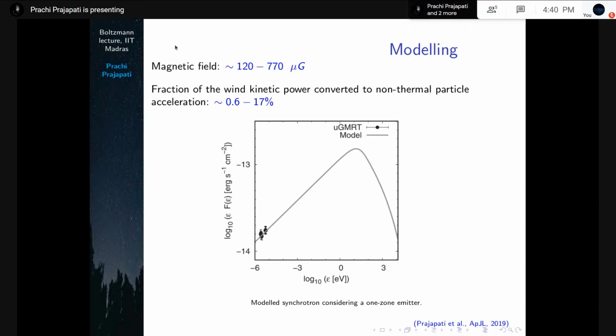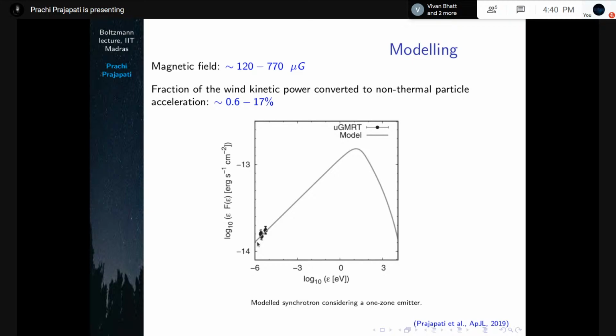The outputs of the model are the local magnetic field, which contributes to this particle acceleration, and an idea of the efficiency of particle acceleration. These are the two values which we found from our model, and this is the modeled spectrum shown here. The gray line is the model, and the black dots are the observed data points overplotted on the model.